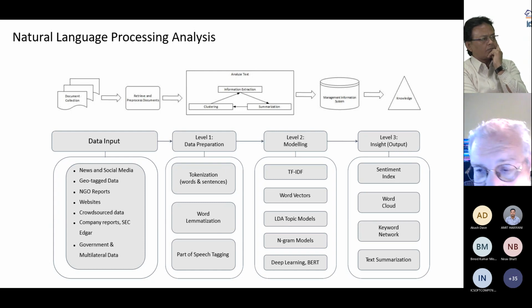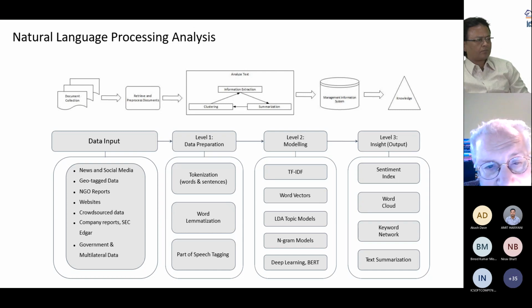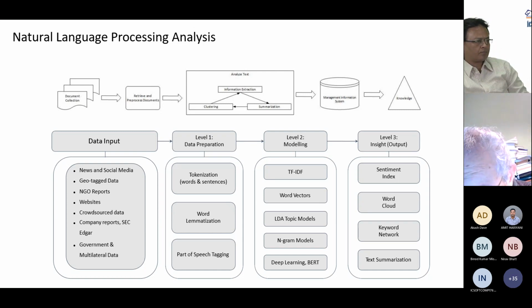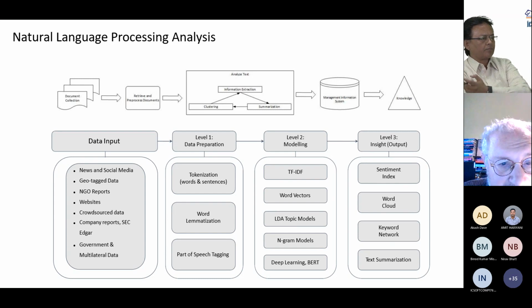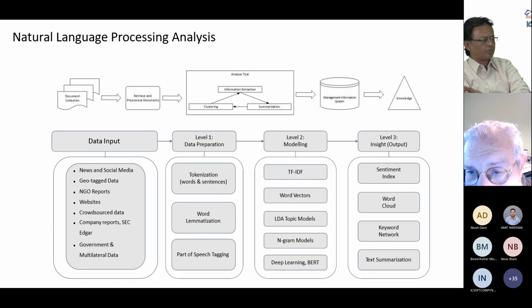Word lemmatization, after tokenization, is to associate with dictionaries. Or we may have part-of-speech tagging even. The data are not only written, but also spoken data. And from this on, we go to modeling.